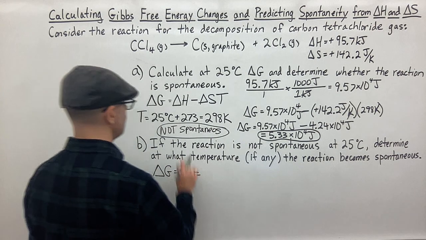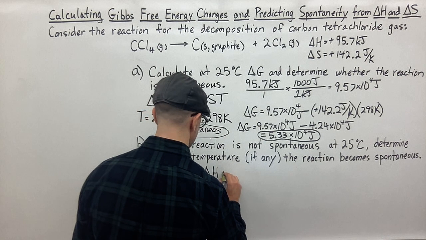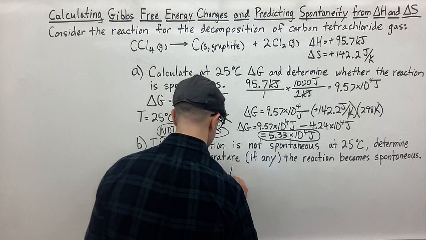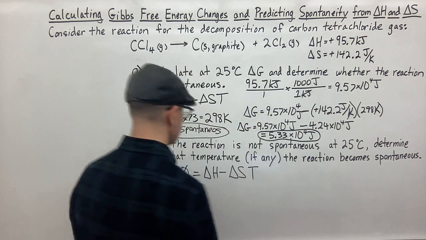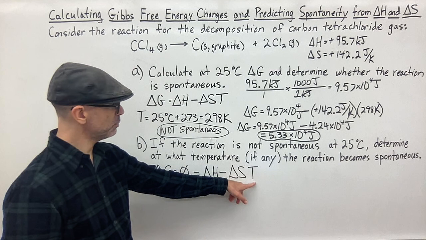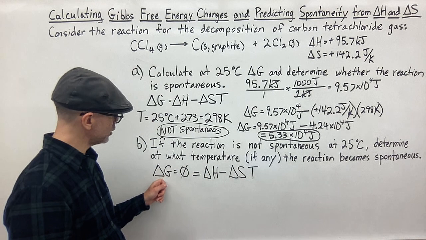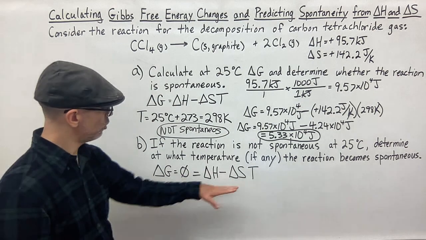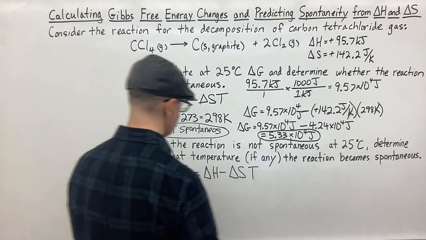And then we're going to set that equal to our delta H. So delta H is equal to minus delta S times T. So we need to figure out at what temperature the change in Gibbs free energy reaches 0. So we plug in our values and solve for the temperature.